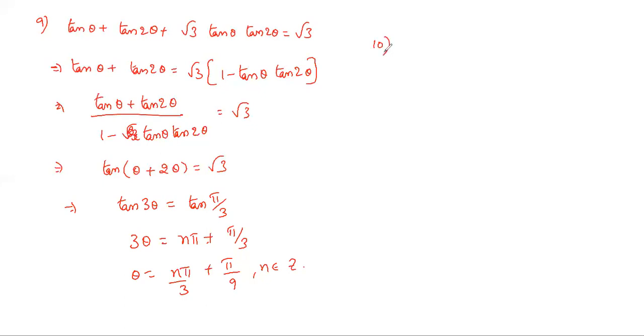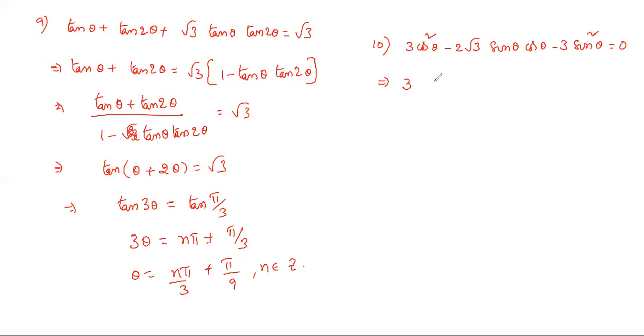Next, 10th one. 3 cos square theta minus 2 root 3 sin theta cos theta minus 3 sin square theta equals 0. So you can convert into sin or cos. I am dividing by cos square theta.